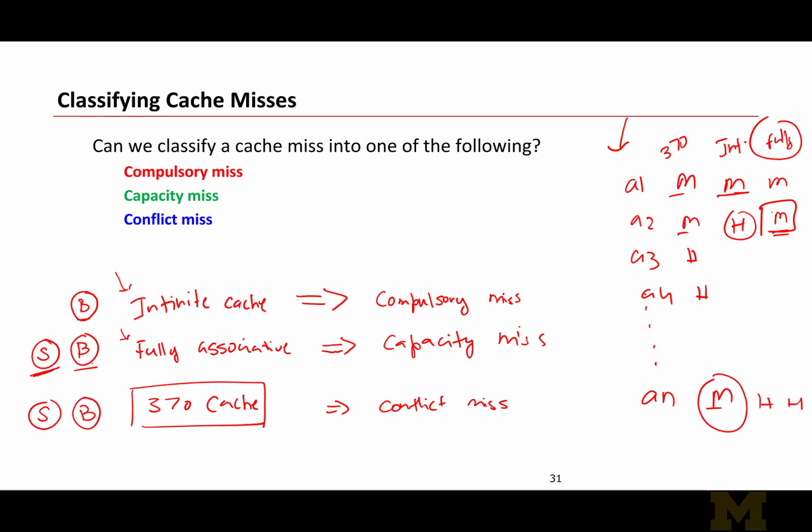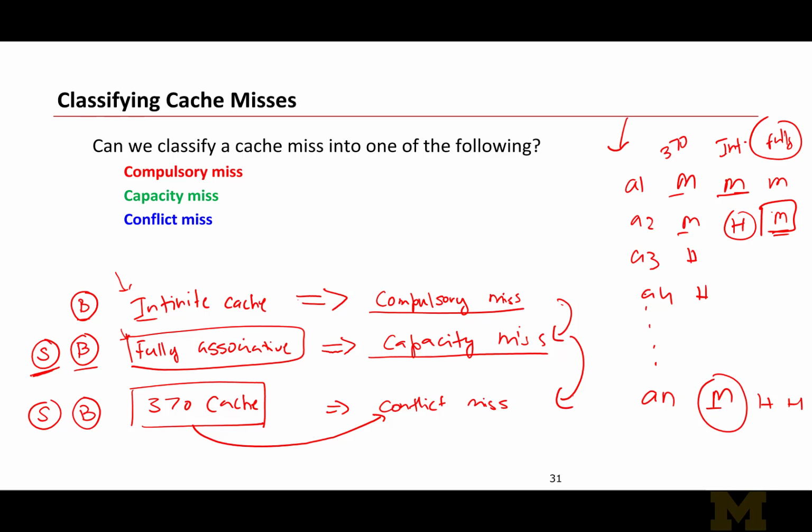Any miss that I observe in the infinite cache is going to be classified as a compulsory miss. Of the remaining misses that you observe in the 370 cache, any miss that I observe in the fully associative cache would be a capacity miss. And of the remaining cache misses observed in the 370 cache, those will be classified as a conflict miss. So I would have to choose this specific order when I try to classify a miss into one of these 3 categories.